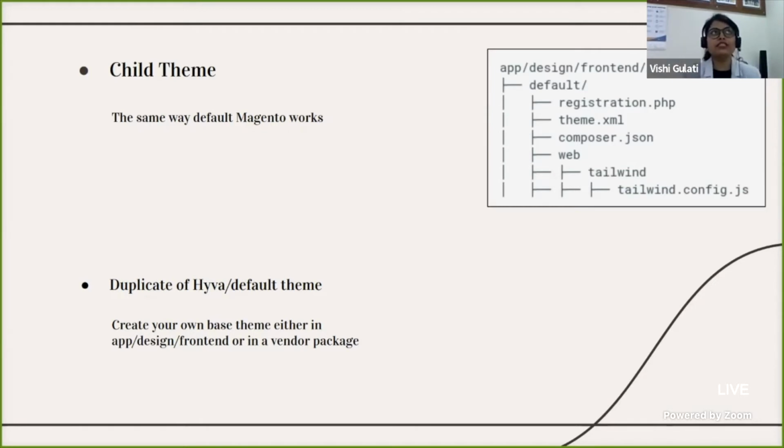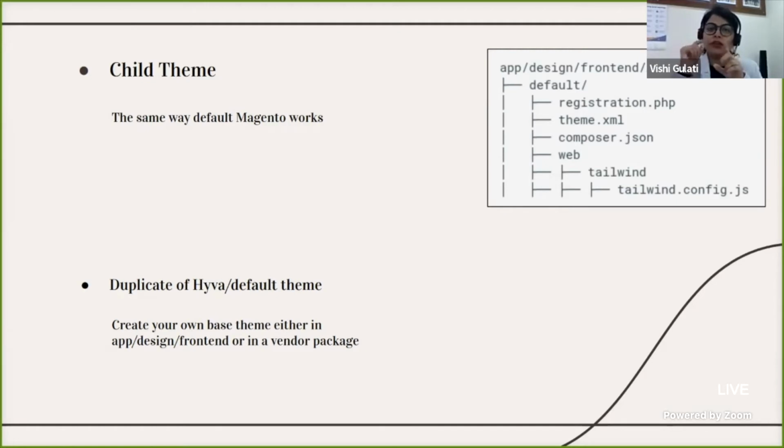And if you have decided to create a child theme, you can create it in the same way you were doing earlier with Magento. You don't need to change anything. The new part is that you need to copy the web folder of your Hyvä default and paste it in your child theme. That's it.